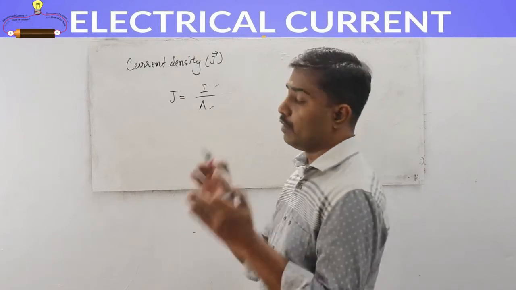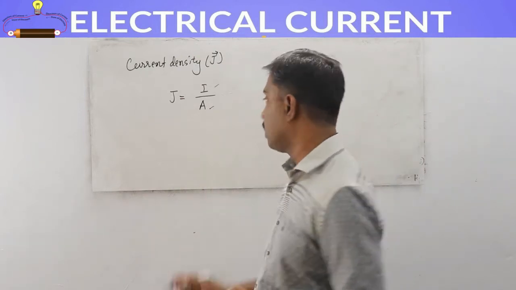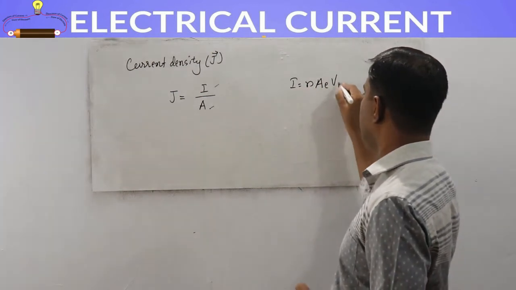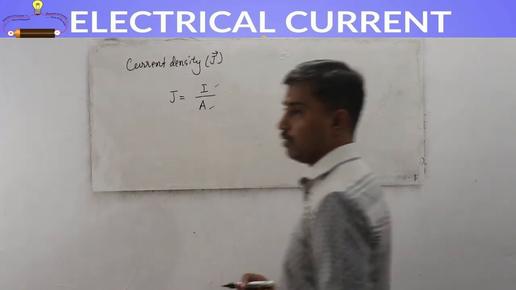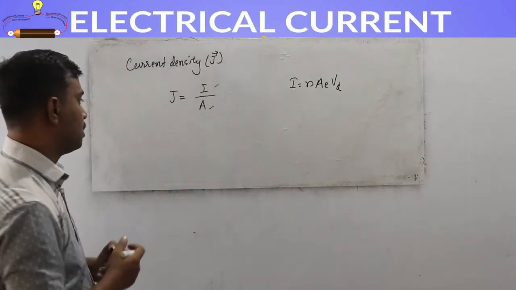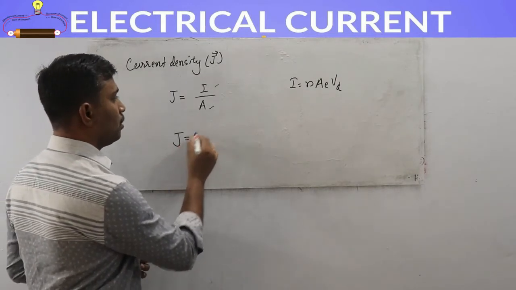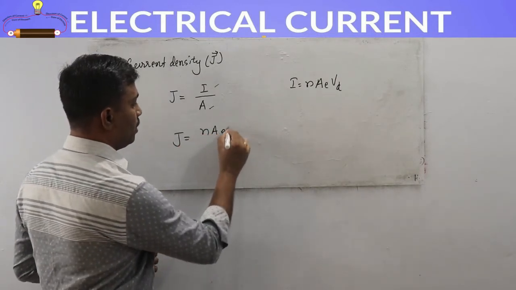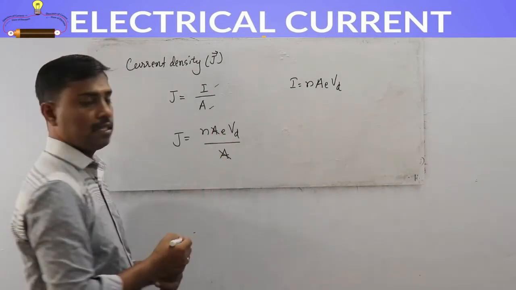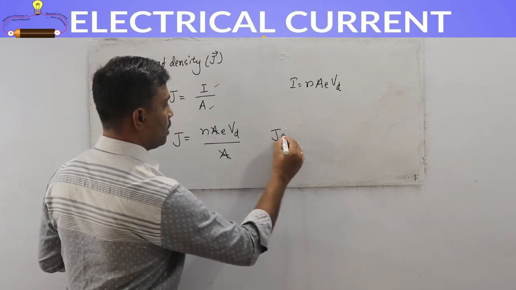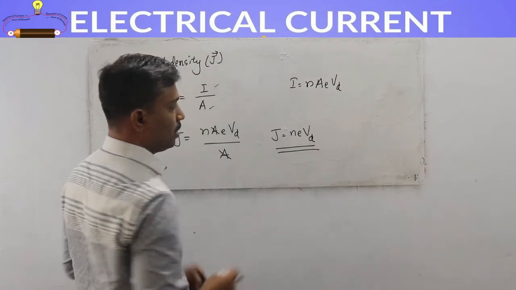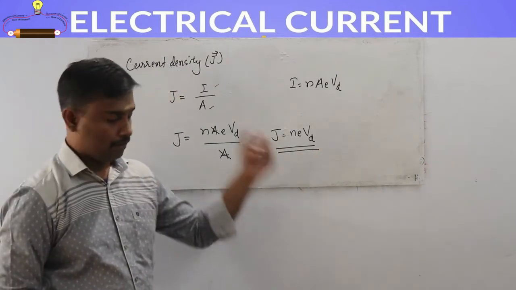We know that the equation for finding current I is N A E Vd. Just substitute the value here, then we can find the relation between current density and drift velocity. So J is equal to I, which is N A E Vd, divided by A. A and A will be cancelled, so we get current density J is equal to N e Vd.